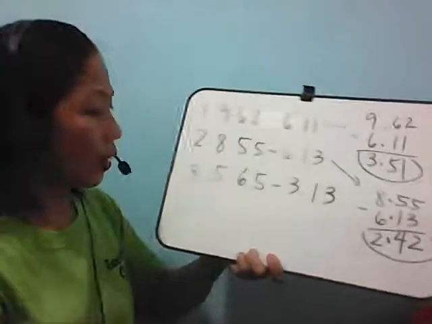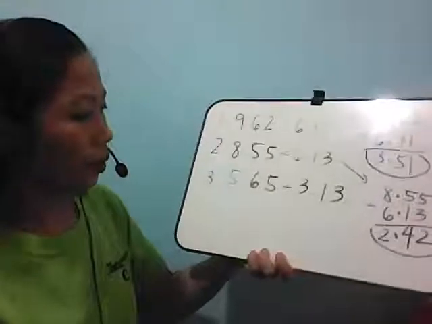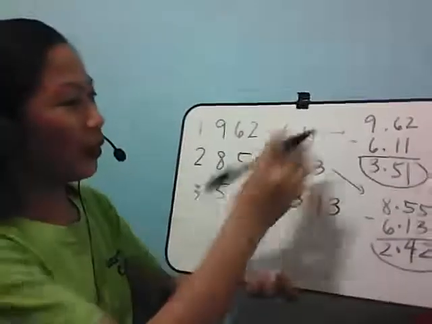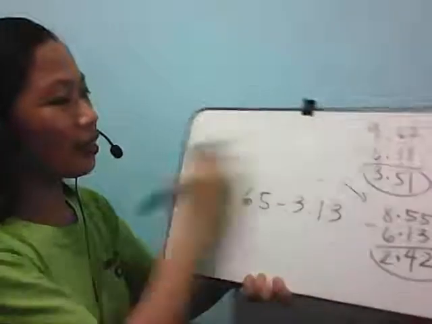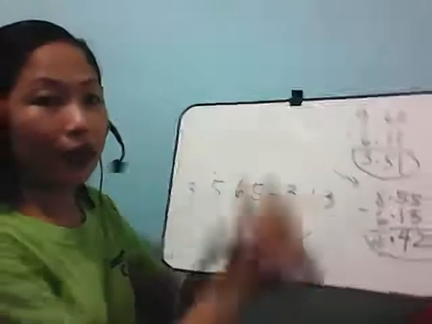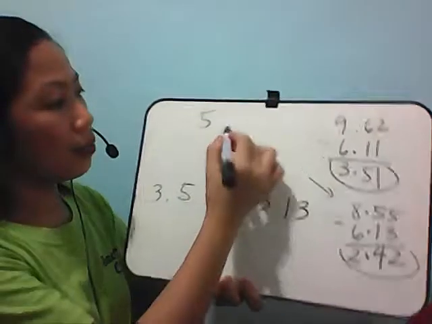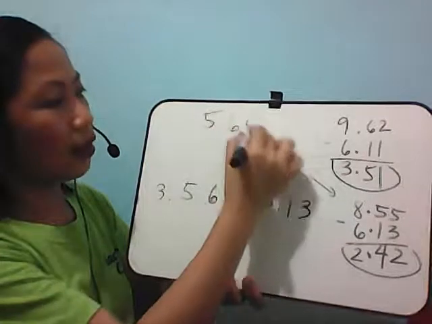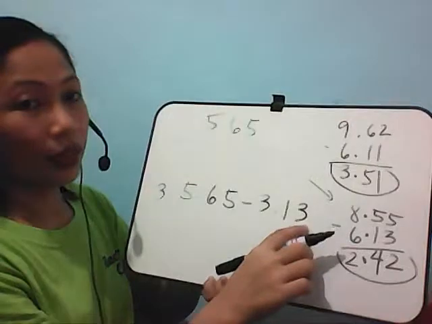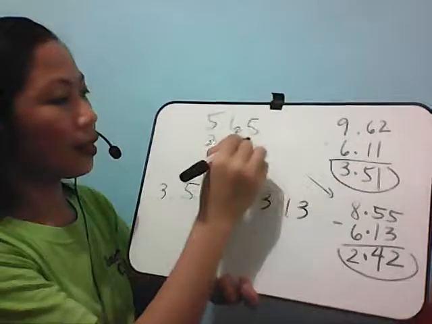And let's move to our last number. Again, let us erase 1 and 2. Given here is number 3, 5 and 65 hundredths, then minus 3 and 13 hundredths.